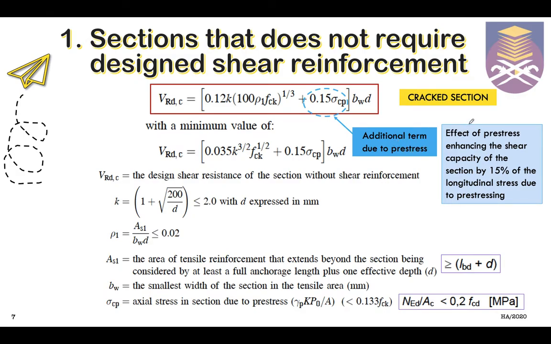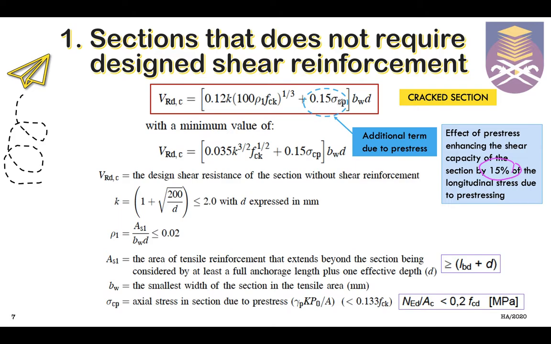Whereas we have the effect of pre-stress enhancing the shear capacity of the section by 15% of the longitudinal stress due to pre-stressing, right? So this is the first one, whereas we are going to consider this 15% contribution. So we are going to add up this equation with this portion, right?